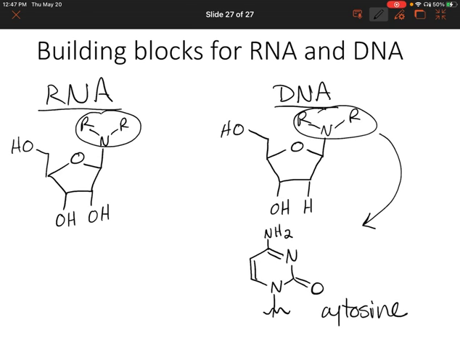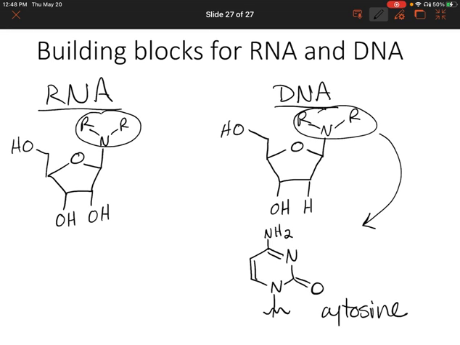Let's say we do the same to RNA. Now, RNA does have slightly different structures that attach. So you can use cytosine, adenine, and guanine, but instead of that thymine I mentioned, we would have something called uracil. So RNA building blocks are a little bit different, but you kind of get the idea.